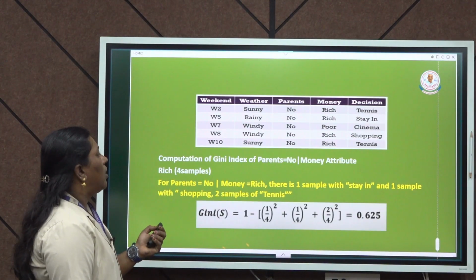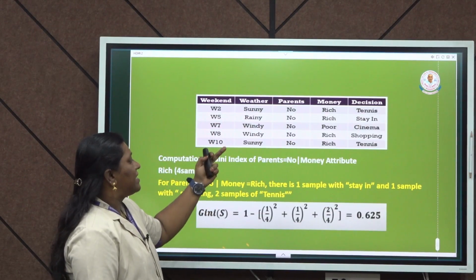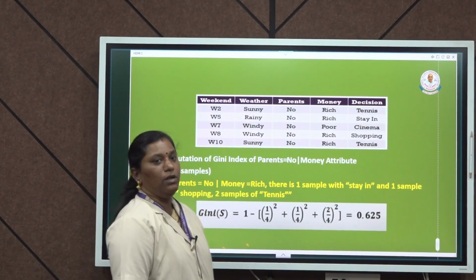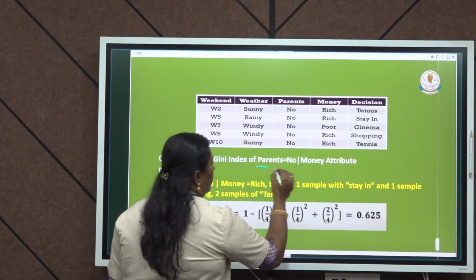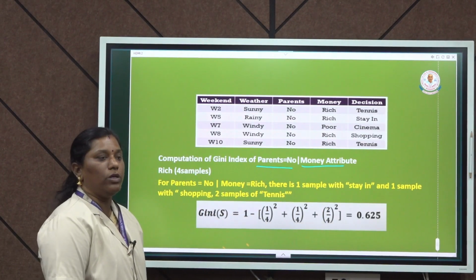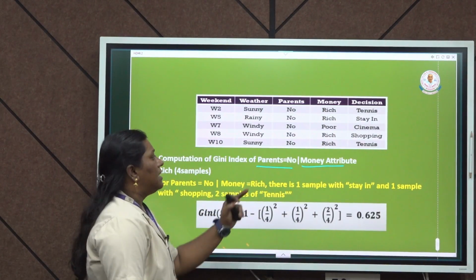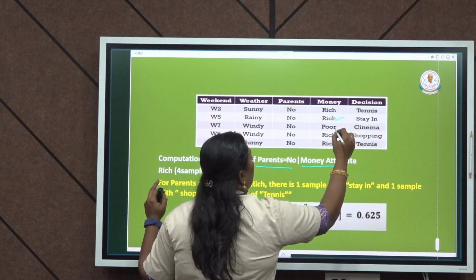Next, we are going to move to the next attribute called money. When the parent is equal to no, we are considering this money attribute. The money attribute is associated with two variables, one is rich, another one is poor.